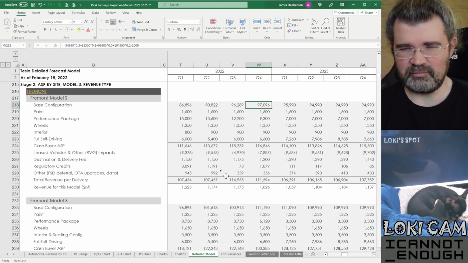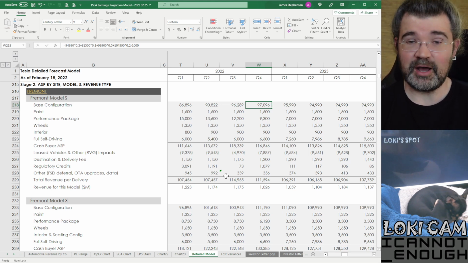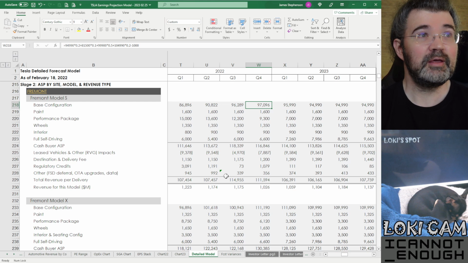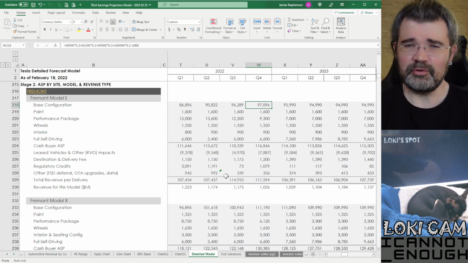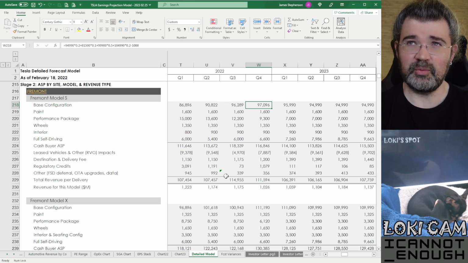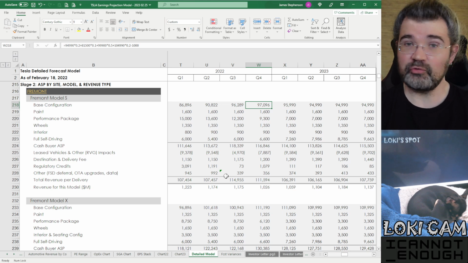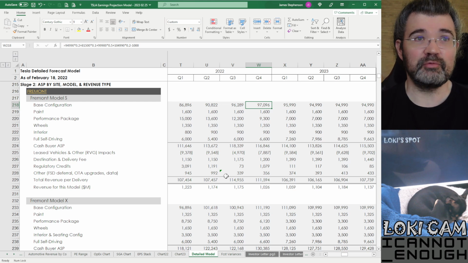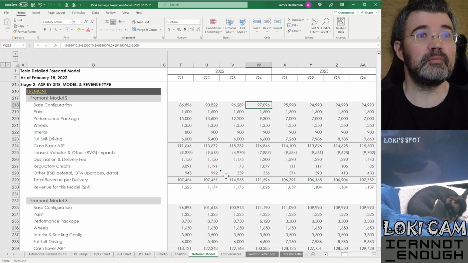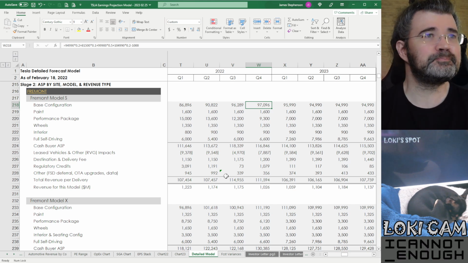It started at $3,750 and then at the end of December rose to $7,500 to take delivery of your Model S in the U.S. Not all Model S's sold were sold in the U.S., and not all of them sold in the US were sold in the mid to late part of December, right? So if they were sold before that, they didn't get the price discount for taking delivery in October or November or the very beginning of December.